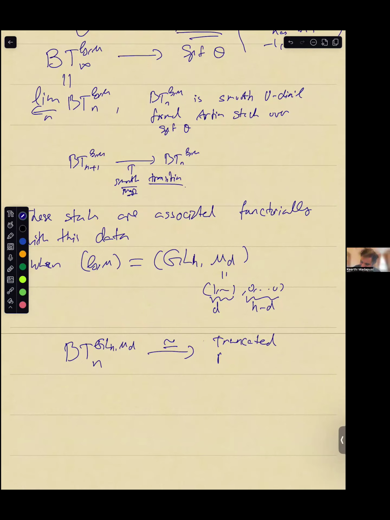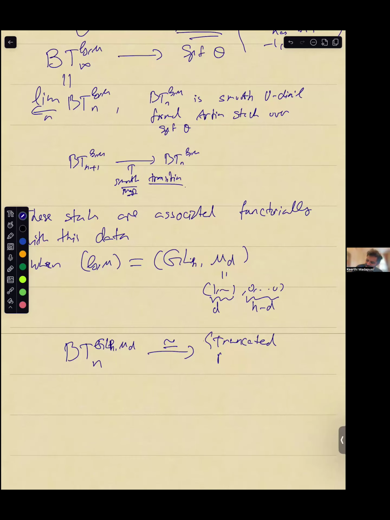Oh, this is an h. Sorry, yeah, this is GL_h. Maybe I'll write it like this. I don't know if that made it any clearer.